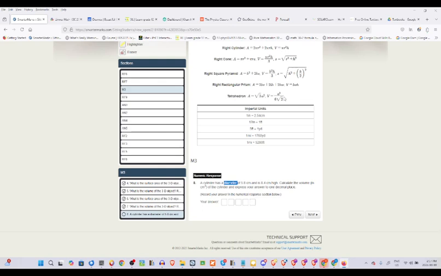R is 5.8 divided by 2, so our radius is 2.9. So pi times 2.9 squared times a height of 8.4 centimeters gives us, to the nearest tenth, 221.9.